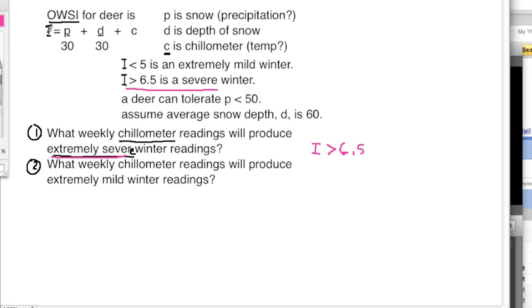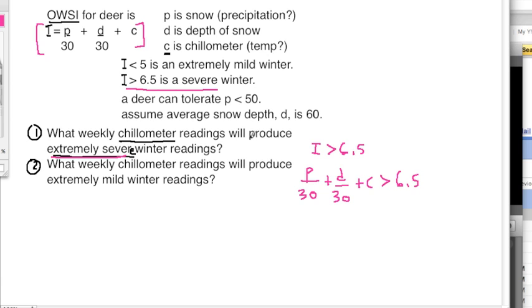Well, we know this is the equation for I right here. So we want to know when P over 30 plus D over 30 plus C is greater than 6.5.